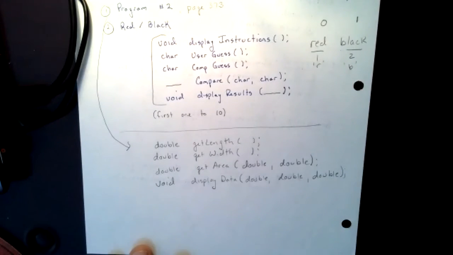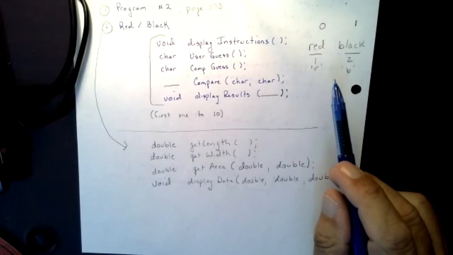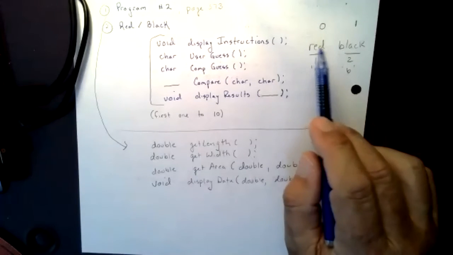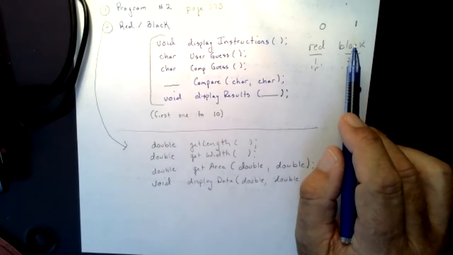The second program I want you to write is the game of red, black. The first thing I want you to do is display some instructions. You need to understand what red, black is going to do. You're going to pick a color, red or black. The computer is randomly going to generate a color, red or black. If it matches, you win.